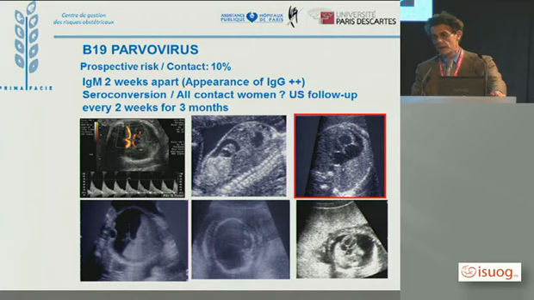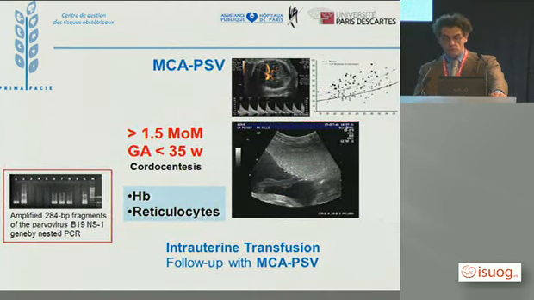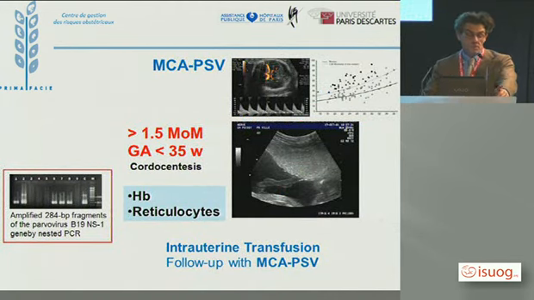Hydrops in parvovirus is very specific. It is a completely blown up fetus like the Michelin guy, with a massive and tense ascites and a very thick frontal edema. Very severe anemia, recovers very well after intrauterine transfusion. The diagnosis will rely on fetal blood sample showing the anemia.